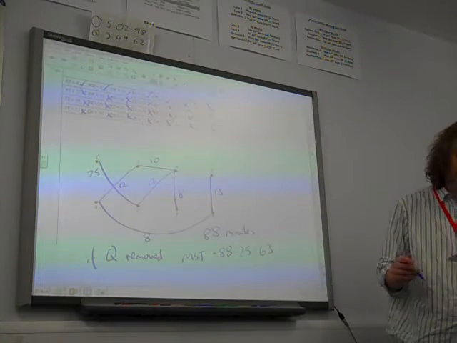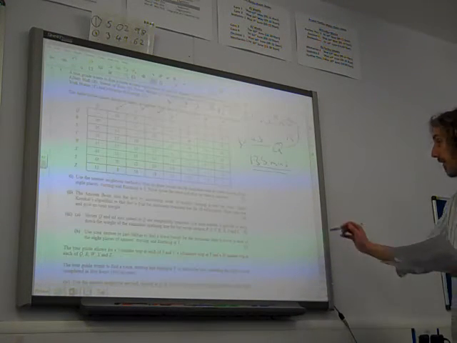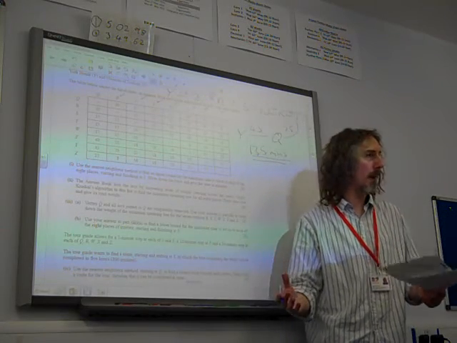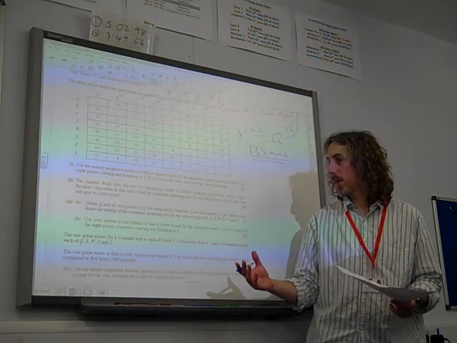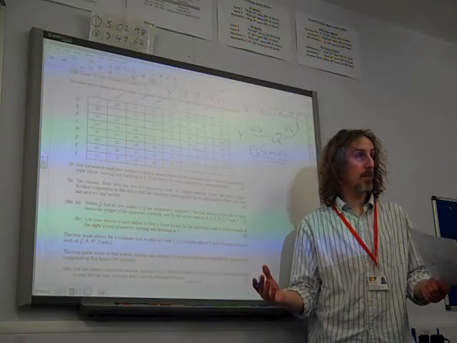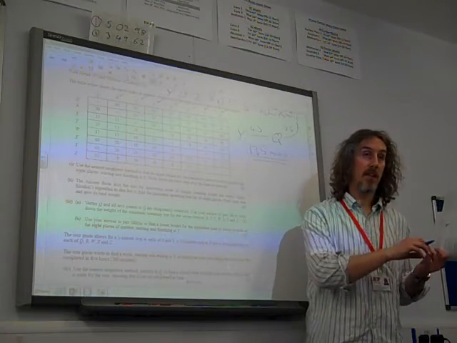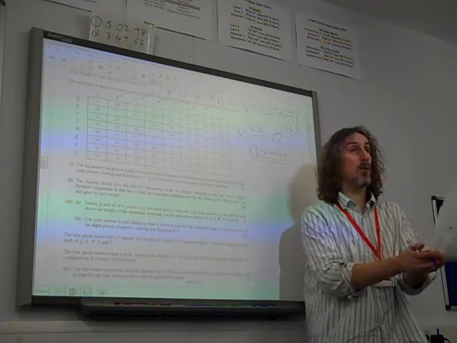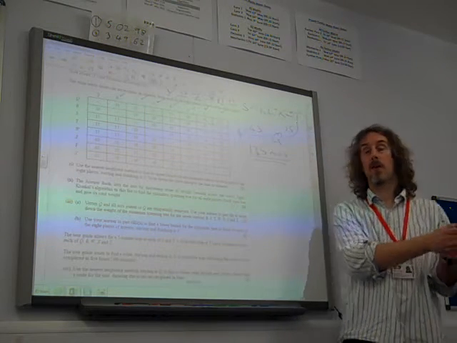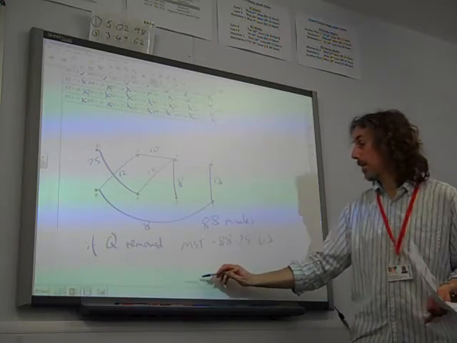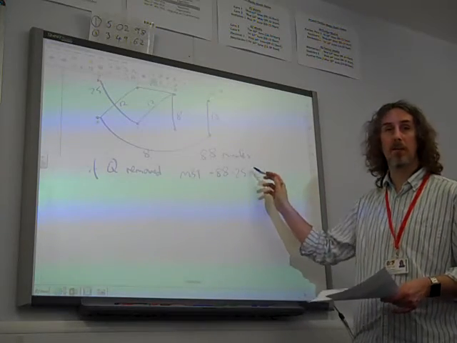The next bit says, if you're wanting to use your answer to part 1 to find the lower bound, right? The lower bound of the travelling salesman problem says you remove one of the vertices, find the minimum spanning tree of the residual, then add that vertex in by its 2 shortest edges. So we've removed Q, we've found the minimum spanning tree of what's left.